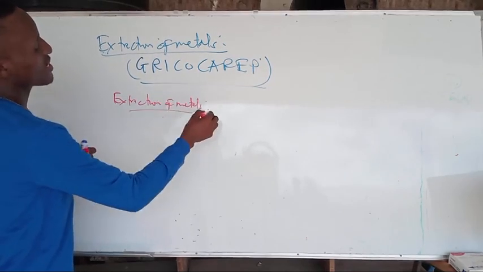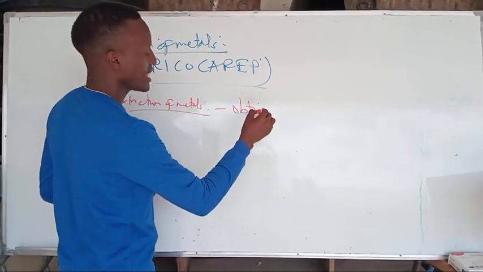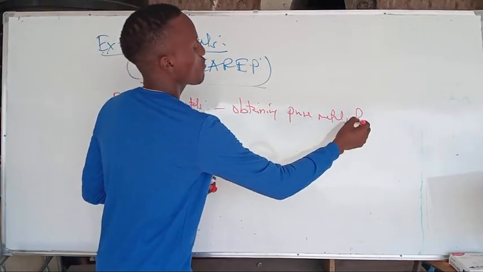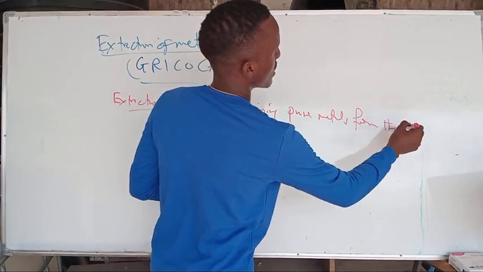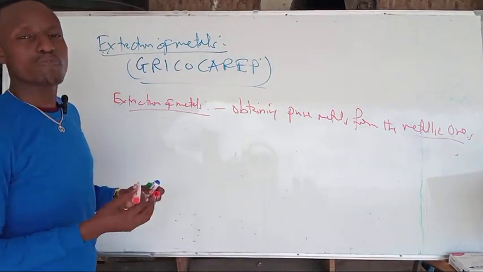What is extraction of metals? It is the process of obtaining pure metals from their metallic ores. What are the metallic ores specifically?